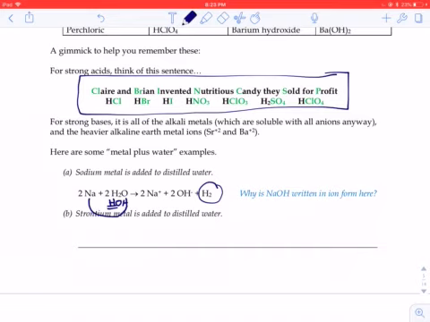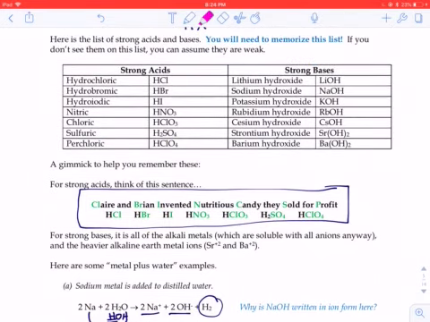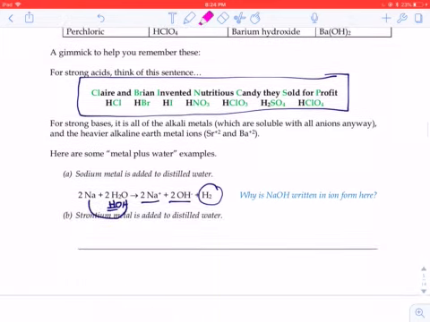Well, we showed sodium and hydroxide broken up. It says there, why is NaOH written in ion form here? Well, it's because sodium hydroxide is on our strong base list. So we would not show it as NaOH together. Instead, we show it as ions broken apart. A strong substance completely ionizes, completely dissolves in water, and so we show it broken up.